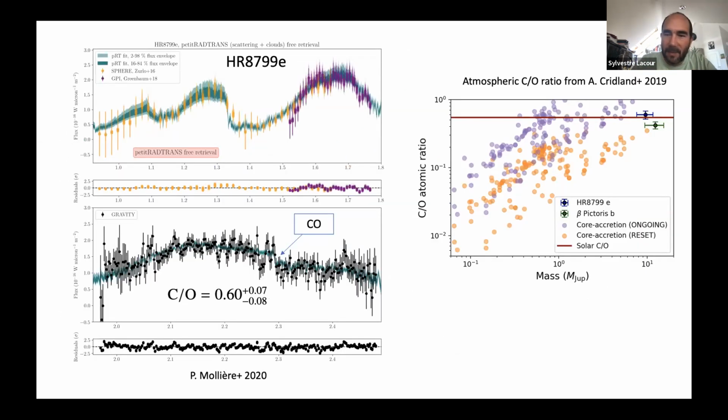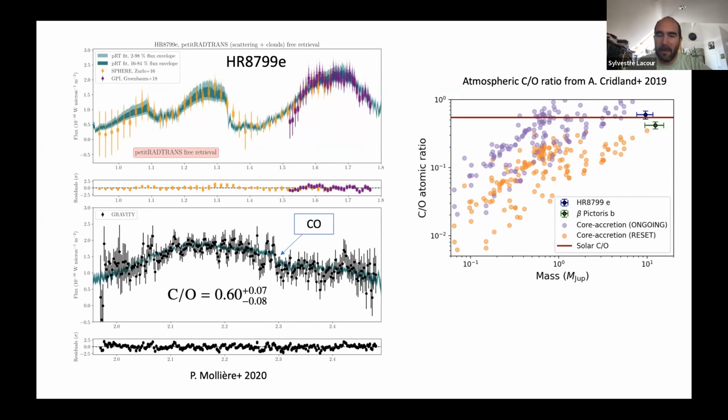And that's useful because it means that we can constrain the formation history of the exoplanets. Depending on how the exoplanet was formed, where it was formed, and what process happened in the protoplanetary disk, we can estimate the C/O ratio within the atmosphere of the exoplanets.